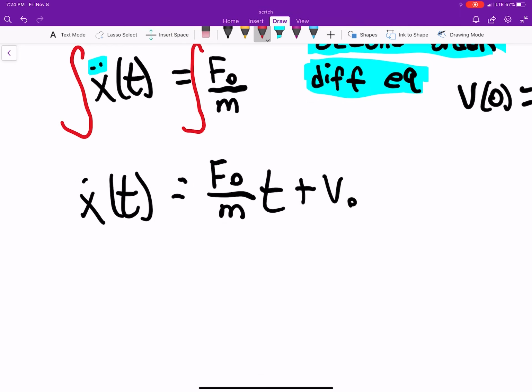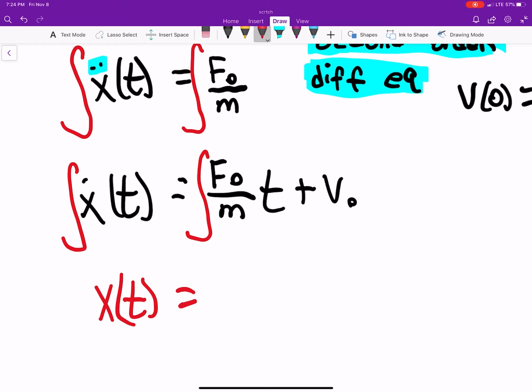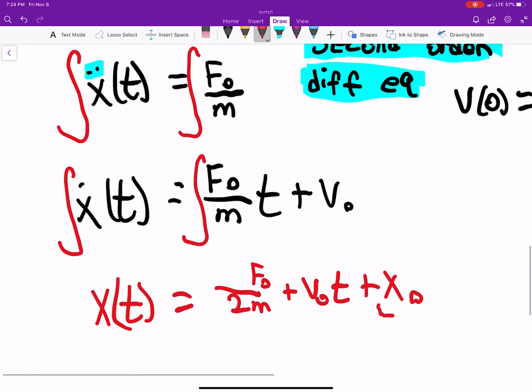And then we can take another antiderivative. And you get x as a function of t is equal to 1/2 F naught over m plus v naught t plus x naught. Hopefully that makes sense. The x naught is using the exact same logic.